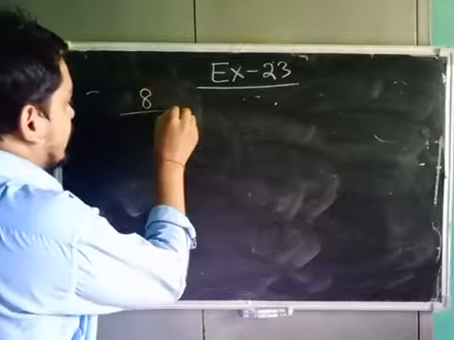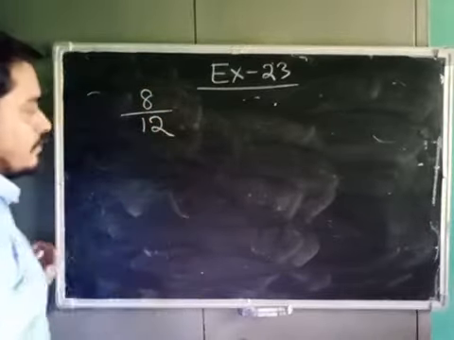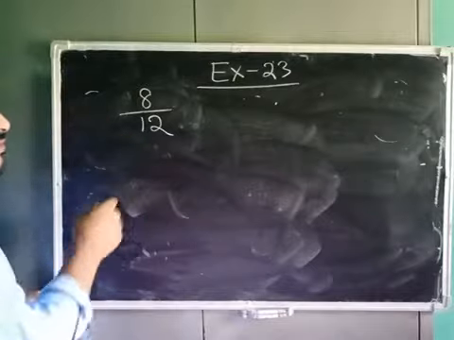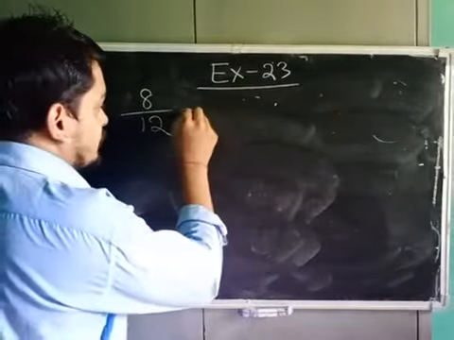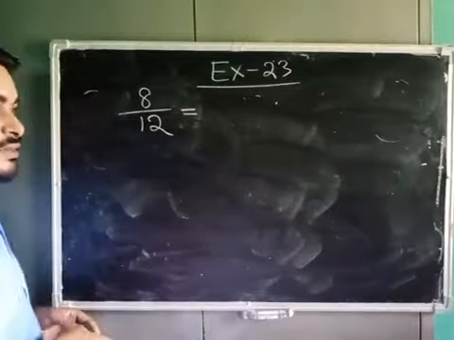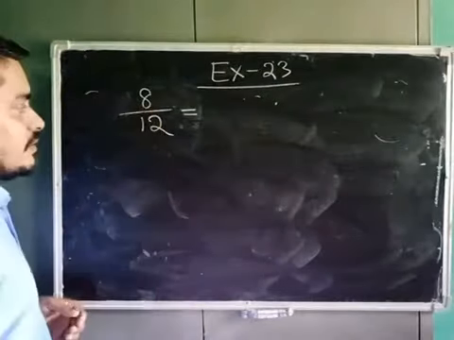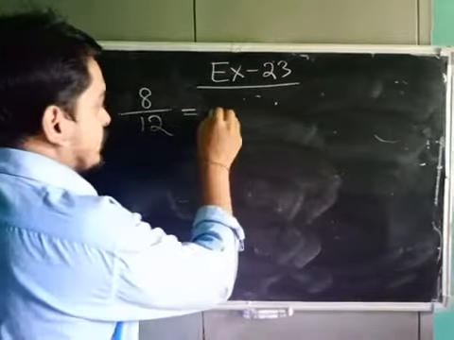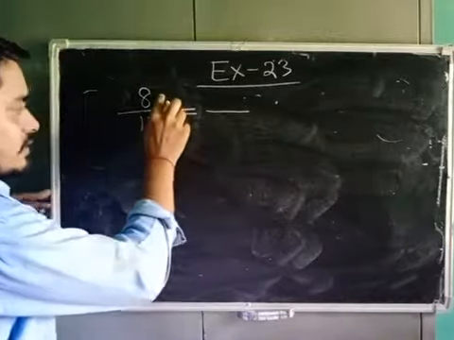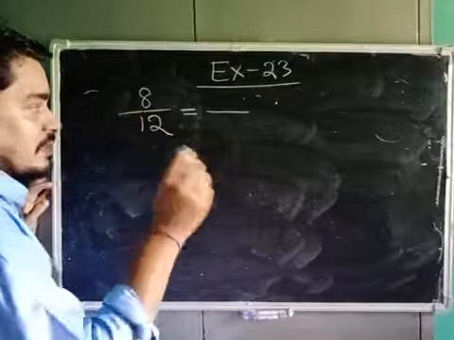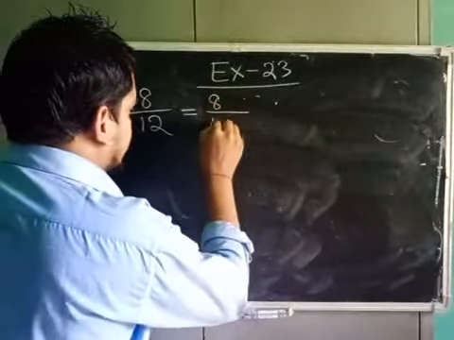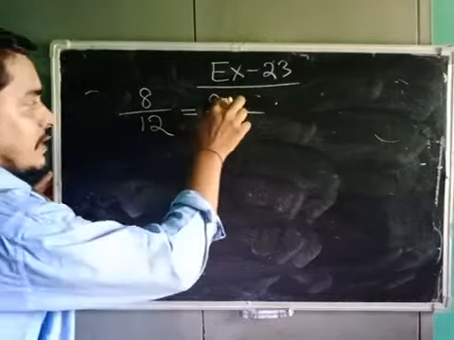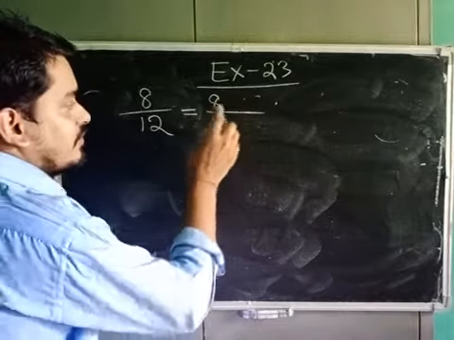If we have 8 by 12, it is a fraction, so we have to convert this into simplest form. What we can do, as I told you in my last class, is divide the upper one and the lower one by the same number, okay? That means we can divide the numerator and denominator by the same number. So we have 8 by 12, and we can divide 8 by 4 and 12 by 4 as well.